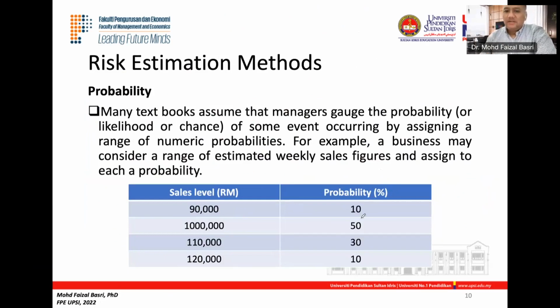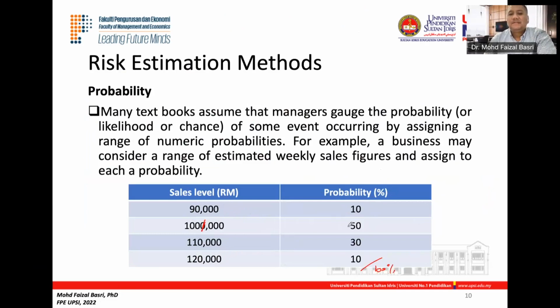As you can see here, the total probability will obviously be 100%, and we have 4 different sales levels, from 90,000 to 120,000 ringgit. Out of these 4, the highest probability would be at 100,000; there's an extra zero here by mistake.